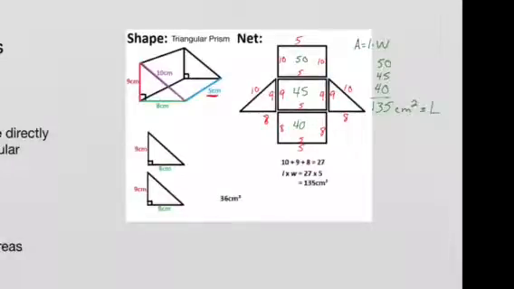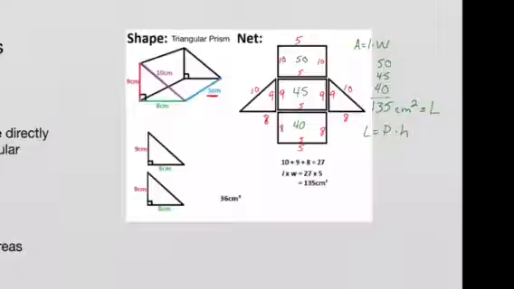Now let's do it through the formula, and the formula to find the lateral area is lateral area equals perimeter of the base times the height. So what we need to do is add up the three sides of the triangle: 10, 9, and 8. 10 plus 9 is 19, plus 8 is 27.